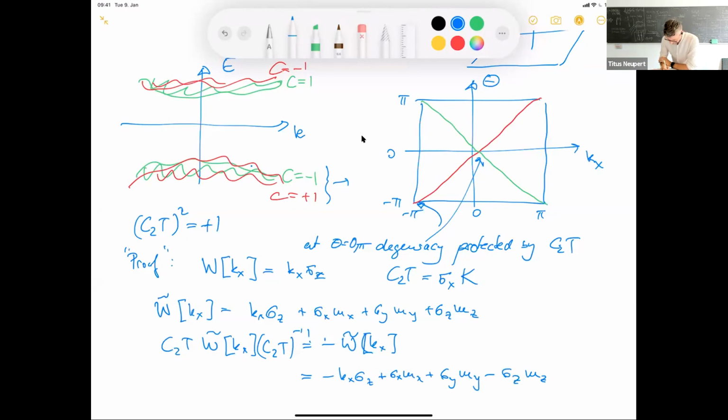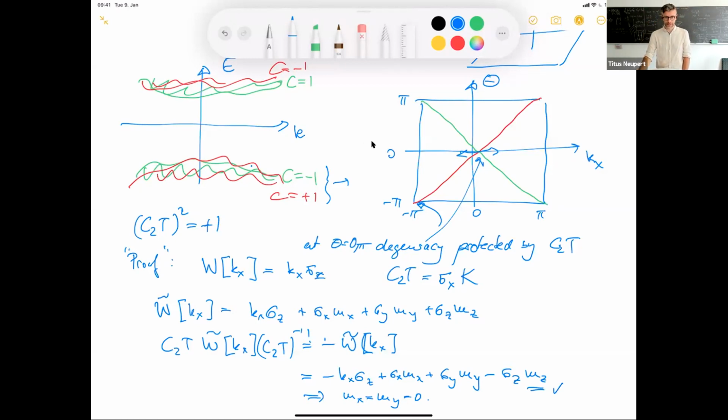And that tells us that mx and my have to be equal to 0 for this to be satisfied. And so the Wilson loop cannot be gapped. I can have an mz, that's okay. But what will that do? It will just move this degeneracy point around in the k direction, but it will not remove it. It's pinned to the k equals 0, pi eigenvalue.